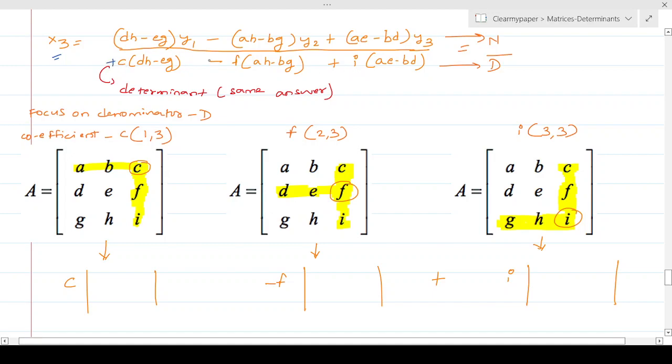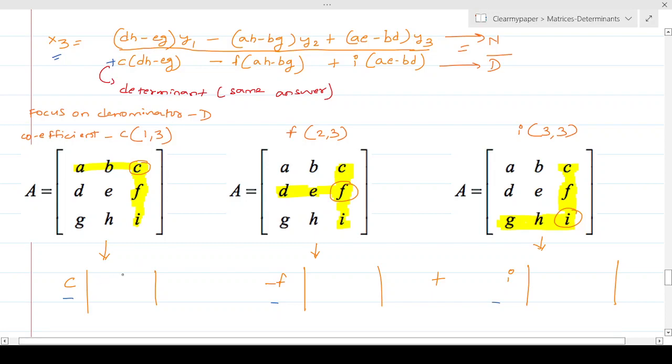We have plus here, then the next one is minus, and then there's a plus, for the reasons I have explained. So I'm going to form 3 submatrices, because when I ignore this, a 3 by 3 will have a 2 by 2 determinant. It will scale down, or step down, to a submatrix. So we have a C here, a minus F, and an I here.